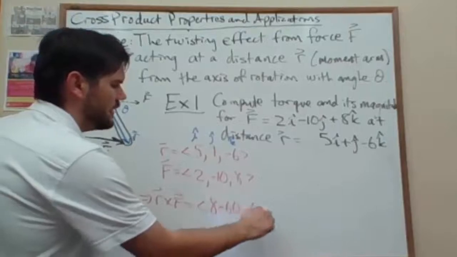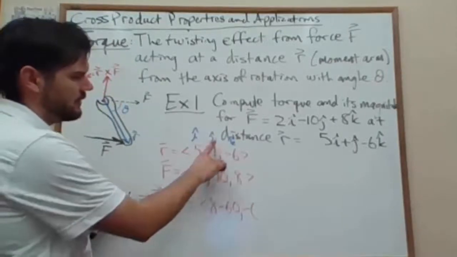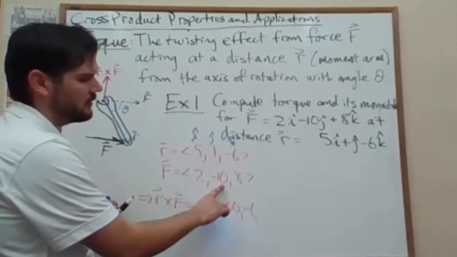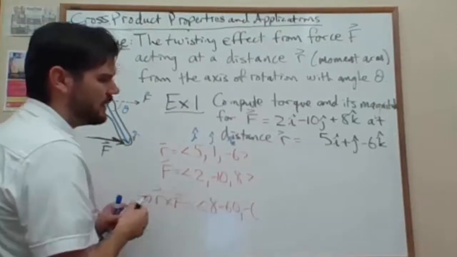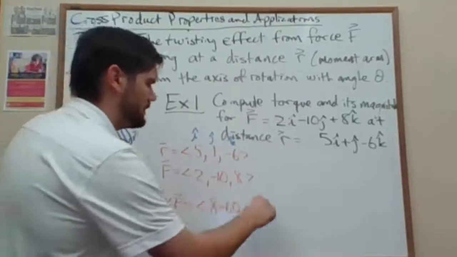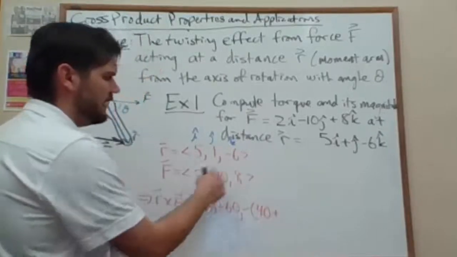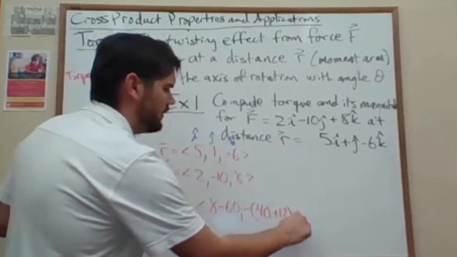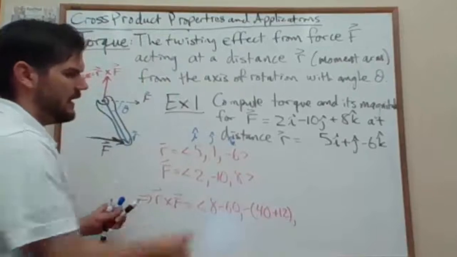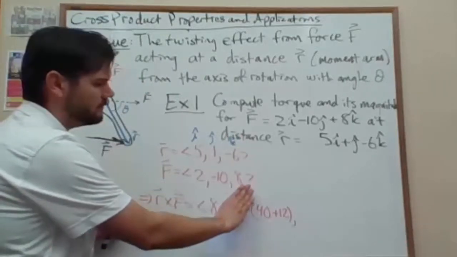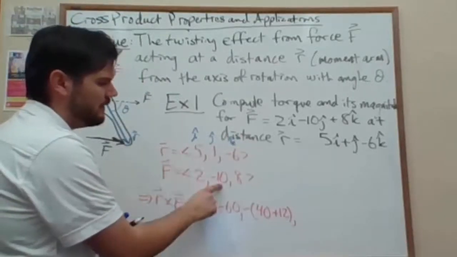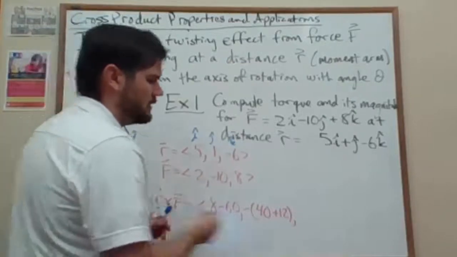Minus 60. J hat is a minus, cover up that second column. 5 times 8, 40, minus a negative 12, so plus 12. And then k hat, cover up that third column. Negative 50 minus 2.